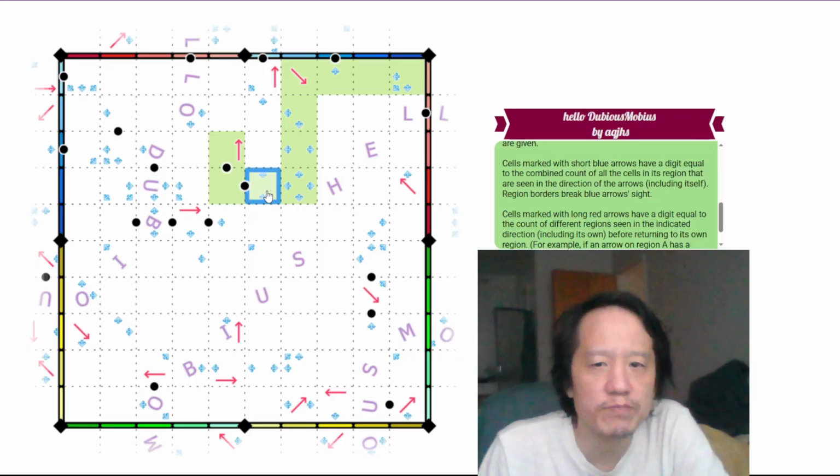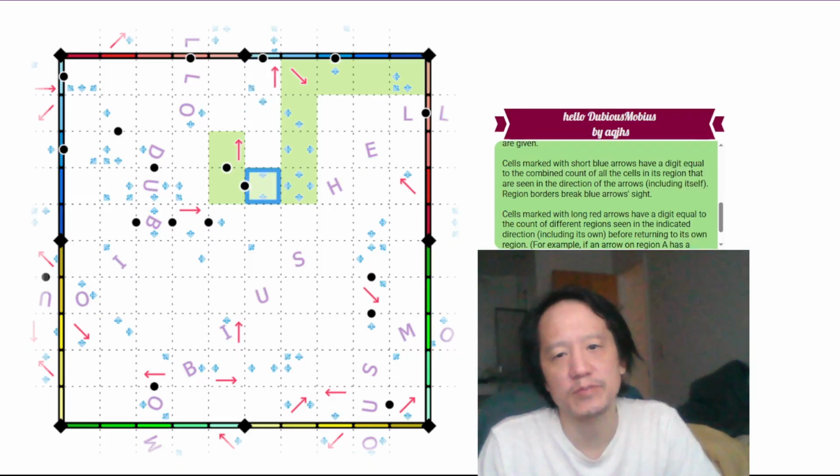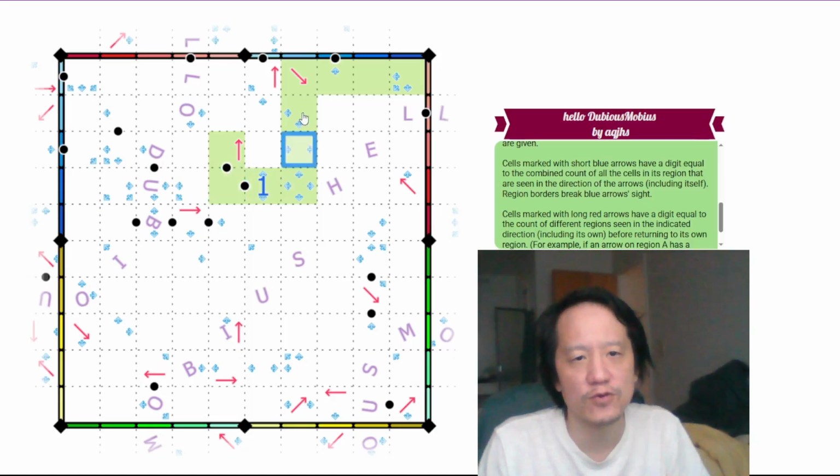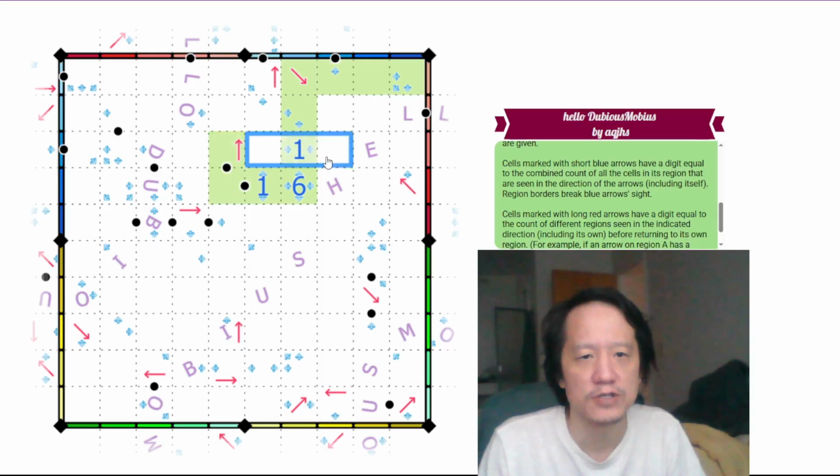Region borders break blue arrow's sights. This would then have to be 1, because it would just see itself. This would see 6 digits. This would see 1 digit because it only sees itself, because region borders break blue arrow's sight.